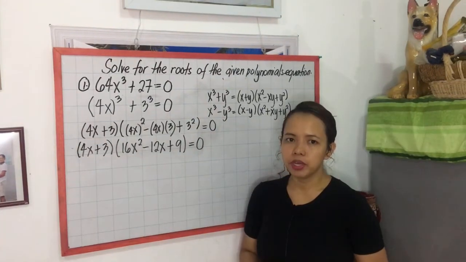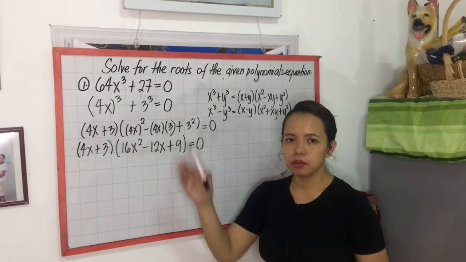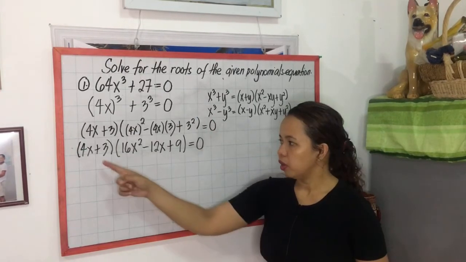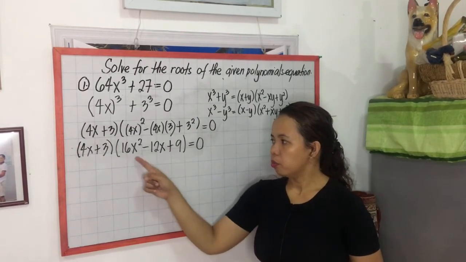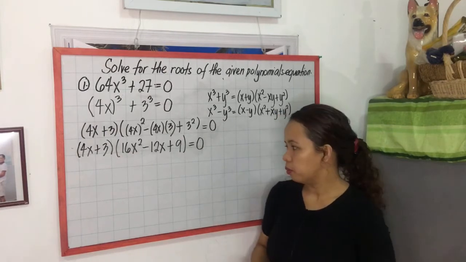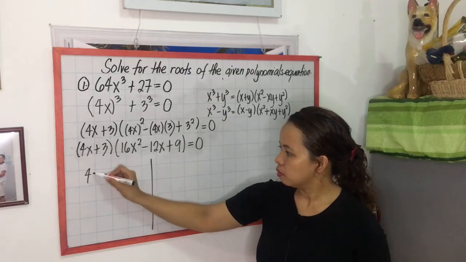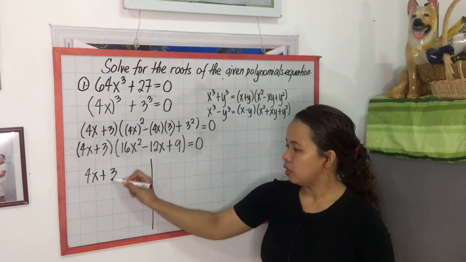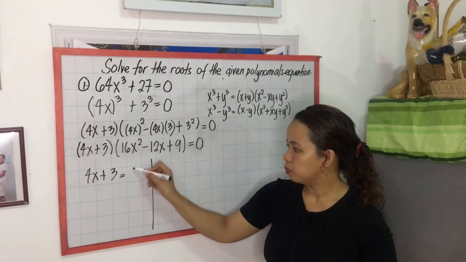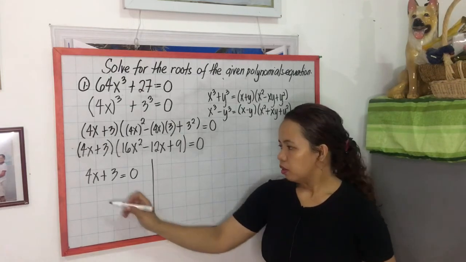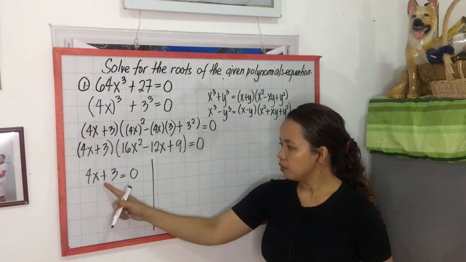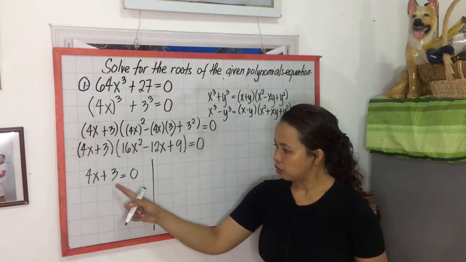We can now find the roots of the given equation by equating each one of these to 0. So the first one, we have 4x plus 3 is equal to 0. We can just solve for x because this is just a linear form.